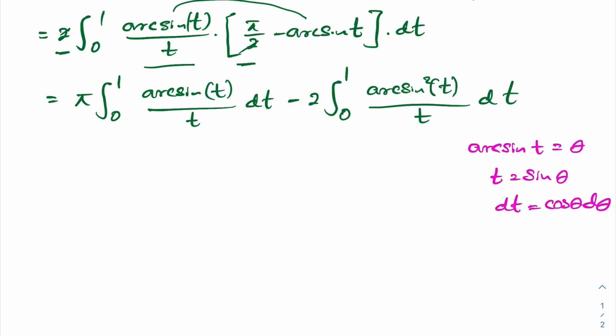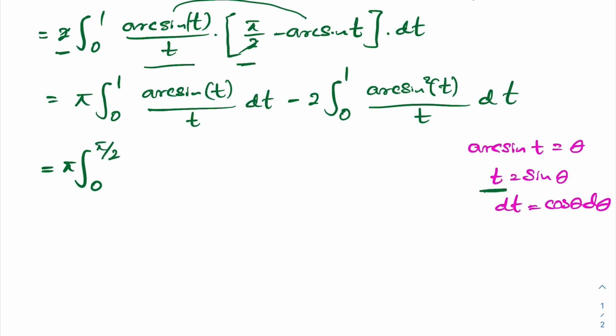Okay, now we should change the boundaries, upper limit and lower limit. When t approaches 0, sine of theta is 0, so theta is 0. When t approaches 1, sine of pi over 2 is equal to 1, so theta is pi over 2.